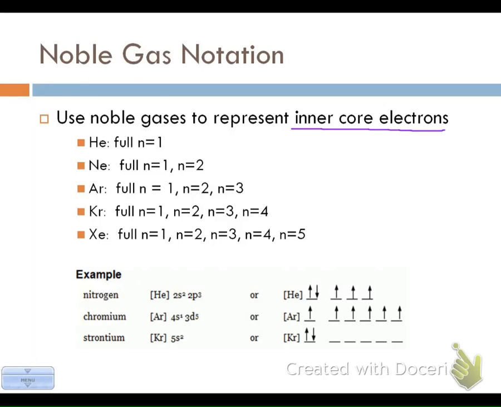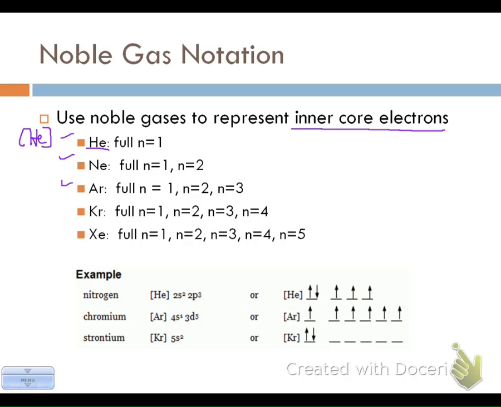We're going to use a symbol to represent the inner core, and the symbols are going to be the noble gases, these guys right here. For elements in the second row, we're going to let the inner core be helium, and so we'll just write He in brackets.